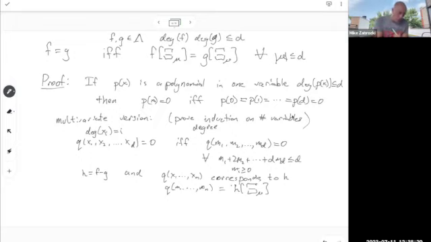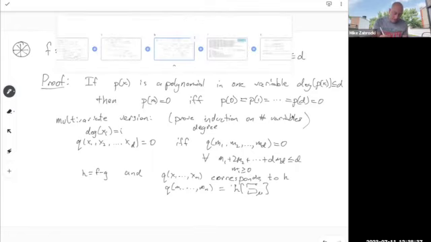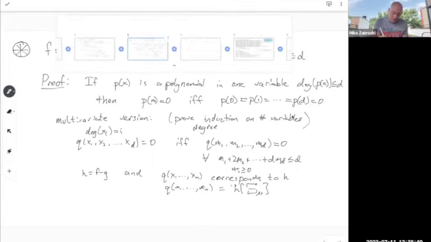So I'm going to call this property star. I use this proof over and over again, but there's another identity that I'm going to use over and over again.